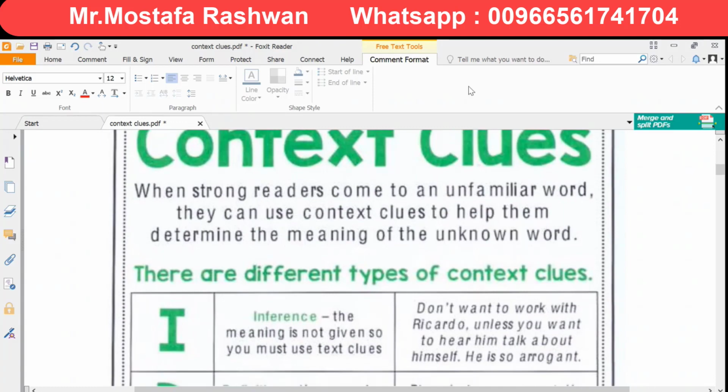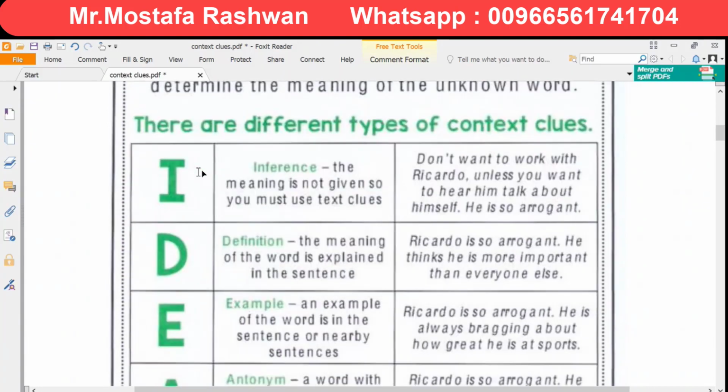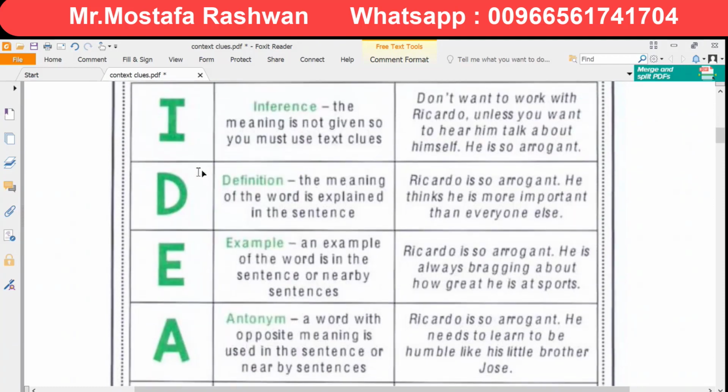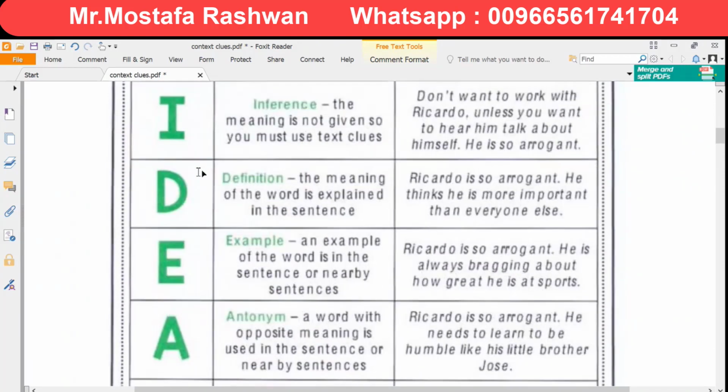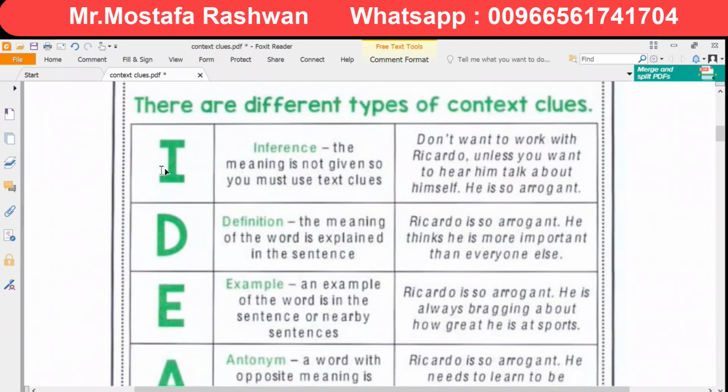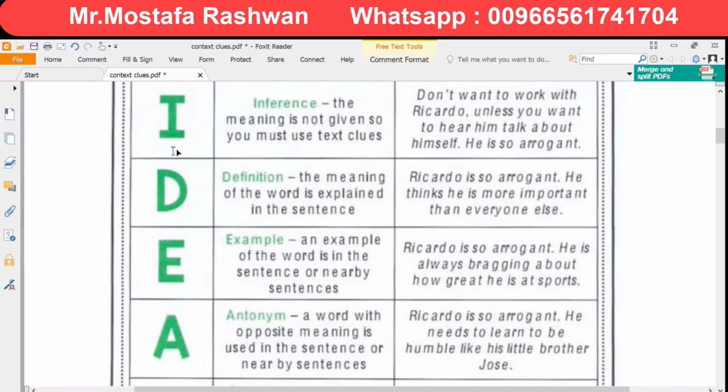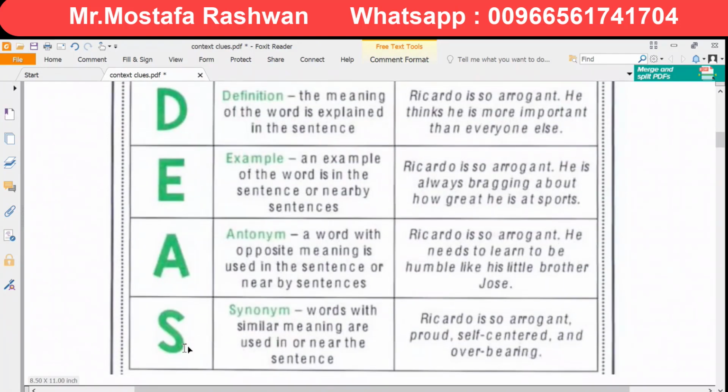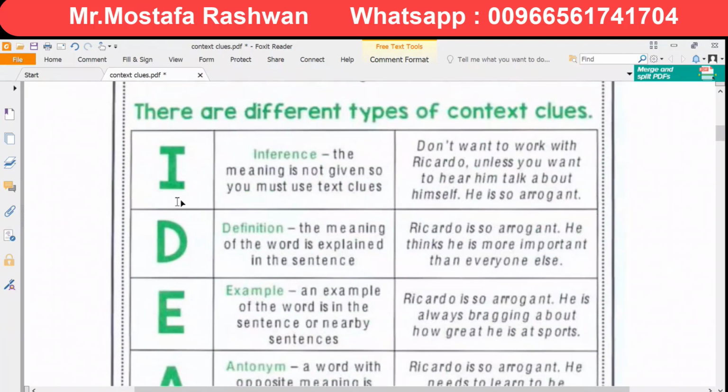The context clues we are about to use are combined in this acronym, IDEAS. Each letter of these 5 letters stands for a technique to use. For example, the I stands for inference, which means mainly guessing. We studied it last time in the previous session.